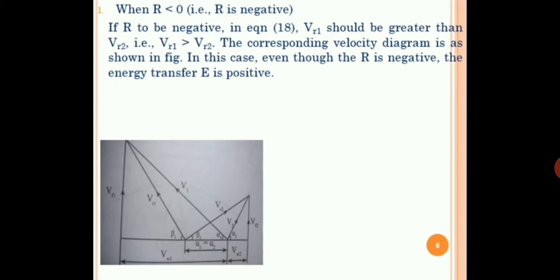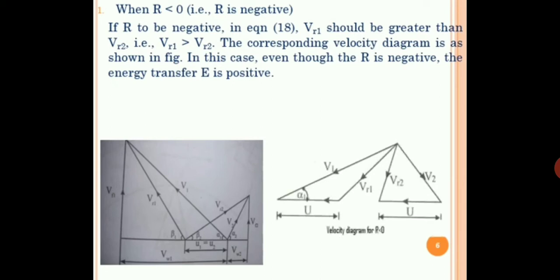The corresponding velocity diagram is as shown in the figure. Even though R is negative, the energy transfer is positive. Now, one more velocity triangle for the same degree of reaction less than 0.